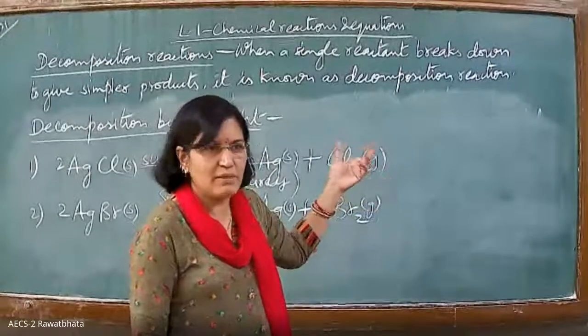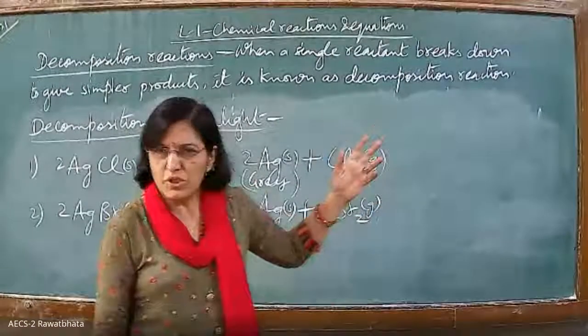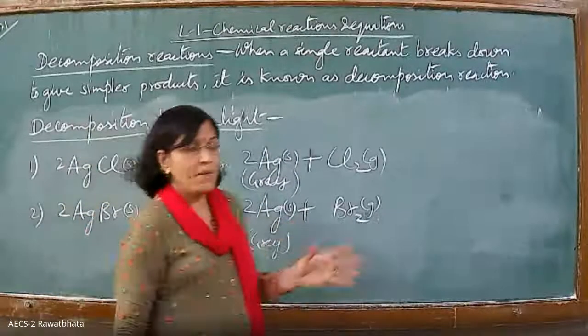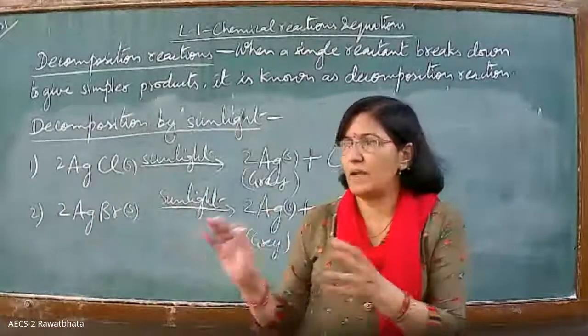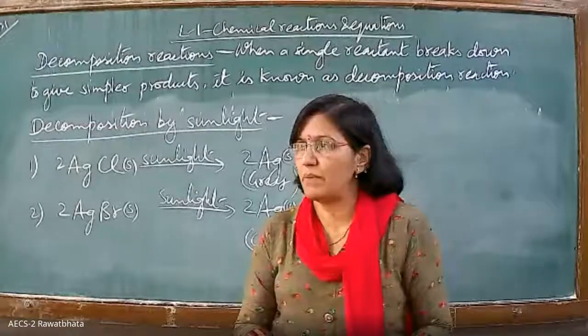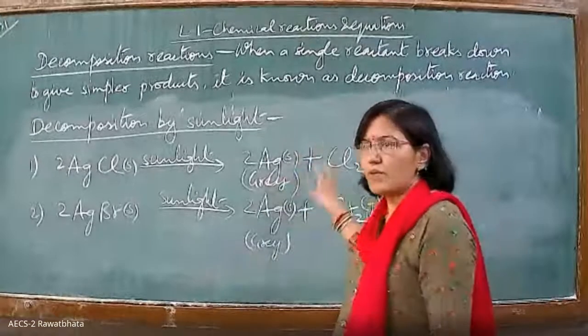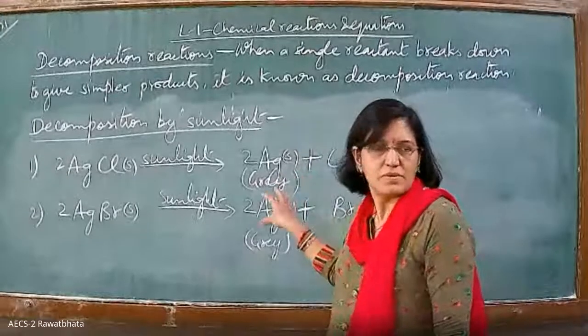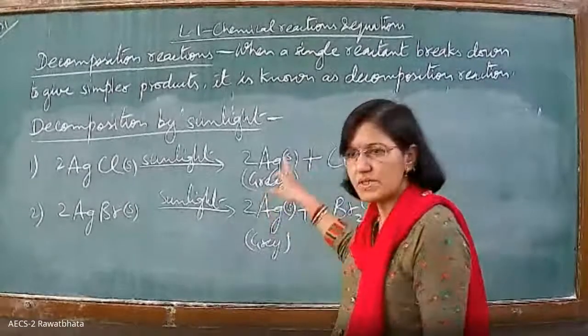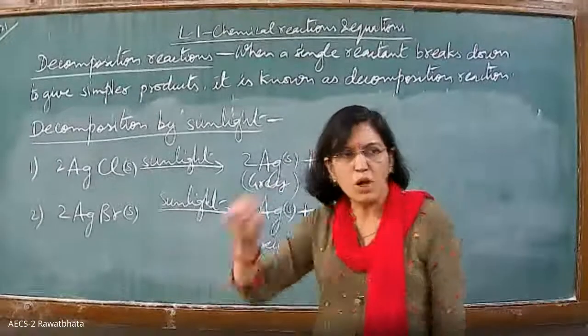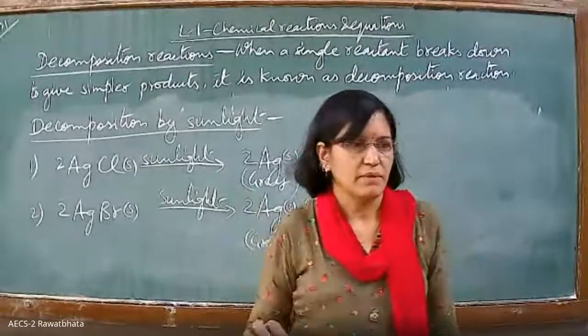Gases you know very well are going to leave the system. So what is left behind with us? Silver. Now we are keeping a compound and it is turning grey in the presence of sunlight. And why is it turning grey? Because of the formation of silver.